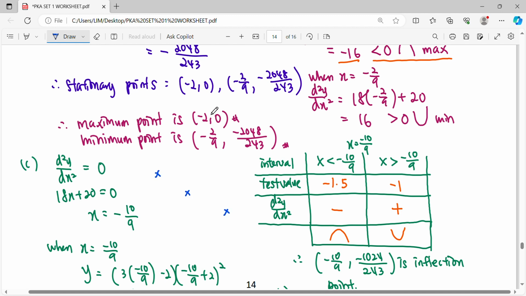We get a rough idea. For the left, -2, it is a maximum. For the middle that we found here, -10/9, it will be an inflection. For the last one, -2/9, that point will be a minimum. So your graph will be curving like this.